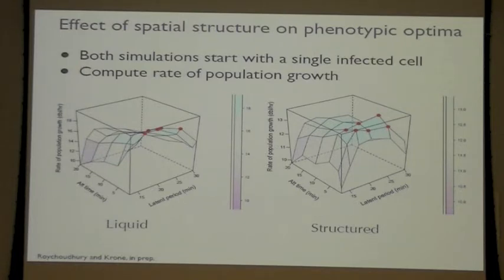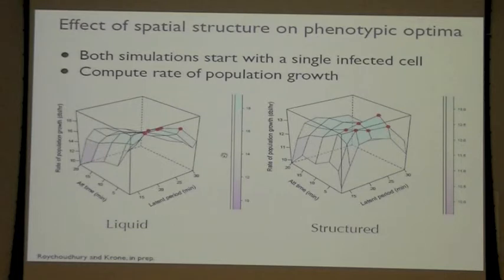In this case, we had 36 phenotypic combinations of attachment time and lysis time, and we measured fitness in a variety of ways. To compare, we also did simulations in liquid with the same 36 phenotypic combinations.